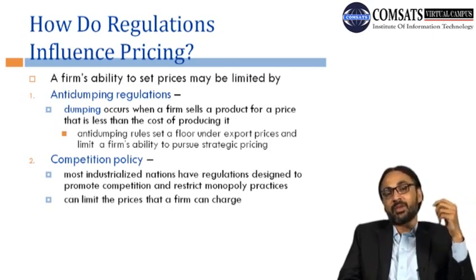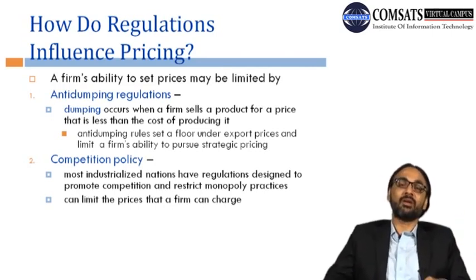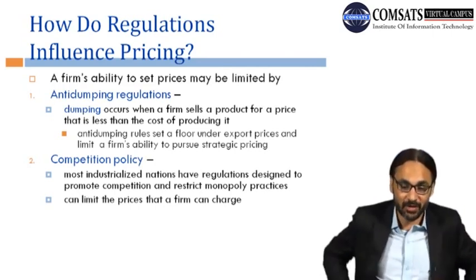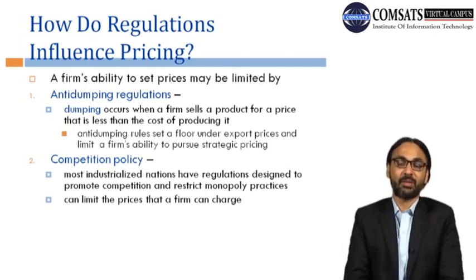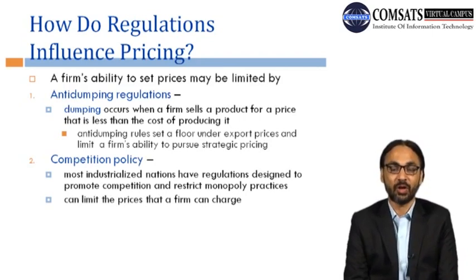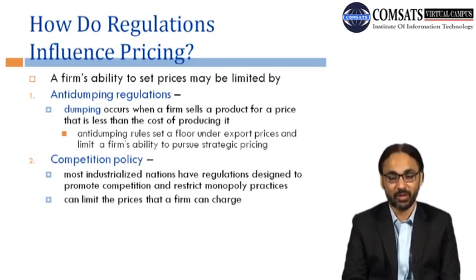Pakistani firms cannot compete at that price because they are not even meeting the price of their production. It is the job of the government to stop that anti-dumping pricing, and they should have anti-dumping rules. Anti-dumping rules set a floor.